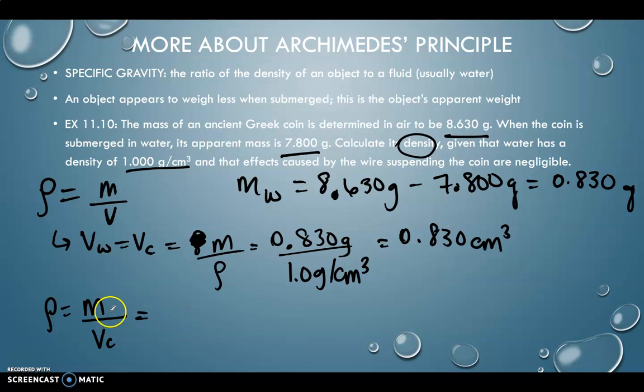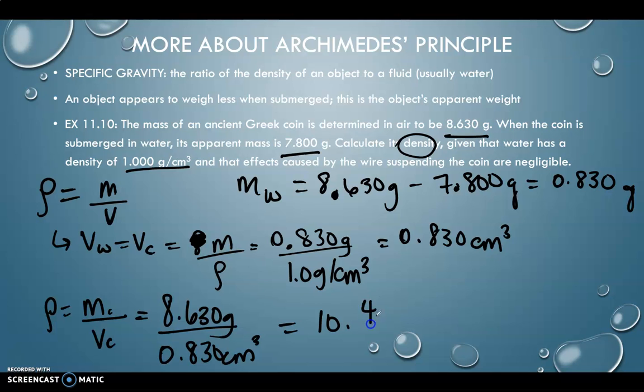So we have 8.63 grams over our volume, which is 0.83 centimeters cubed, and that is going to be 10.4 grams per centimeter cubed. So this is the density of that coin.